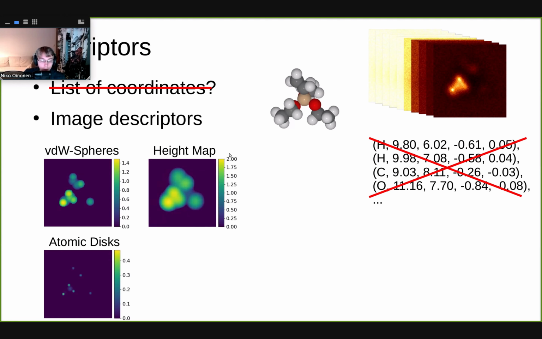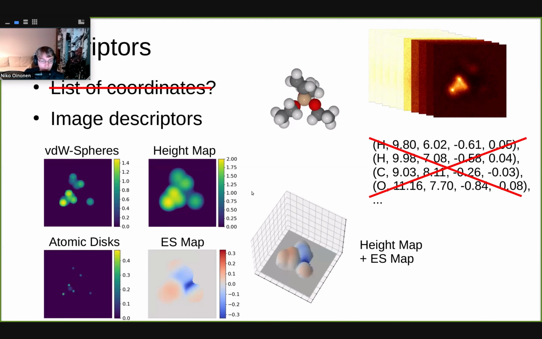Then there's the height map, which is an isosurface of the vertical component of the force field between the sample and the tip. So it's a more combined representation of the information of the atoms in the molecule, and it's especially interesting in relation to the last descriptor, which is the ES, or the electrostatic map, which is the vertical component of the electrostatic field of the molecule.